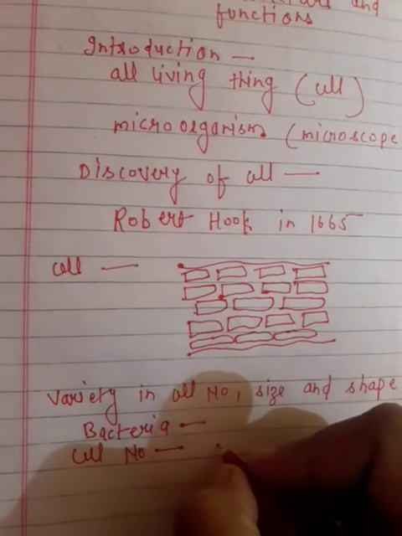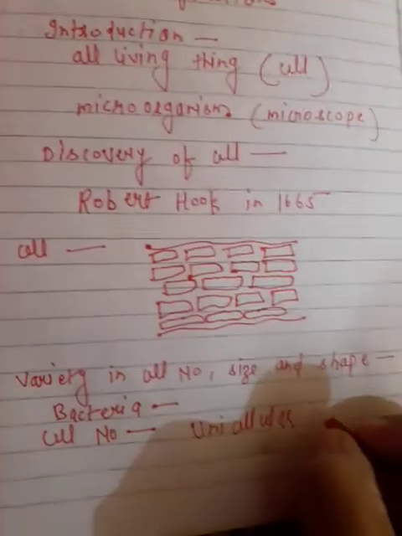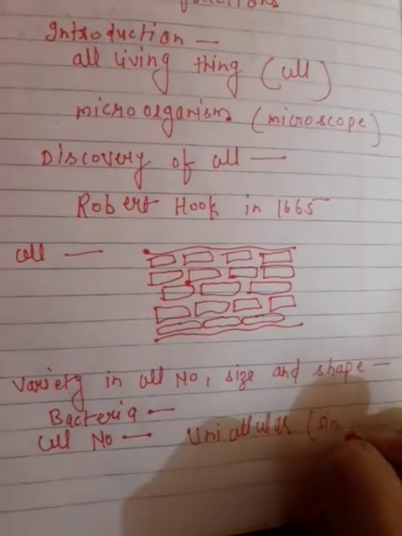They are unicellular organisms. Unicellular means made up of a single cell only.